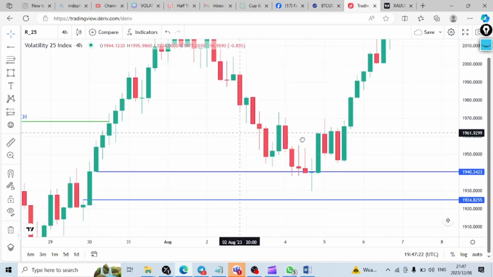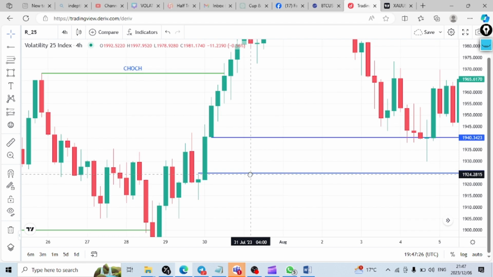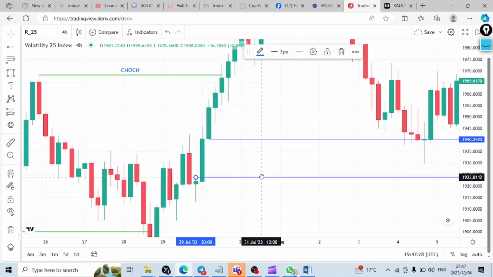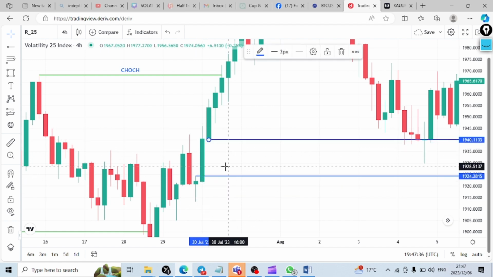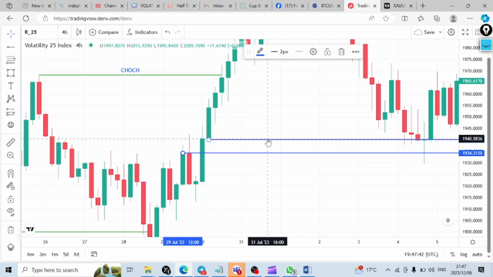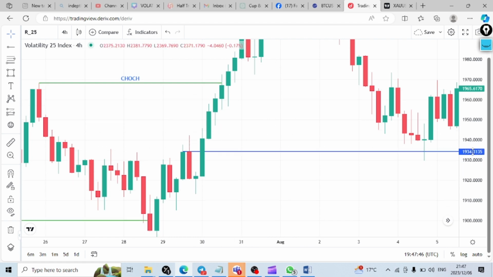If you observe carefully, we can see that they are not connected together. The high of this doji candle and the low of this candle are not connected. There's a big gap. So this qualifies this last bearish candle to be our valid order block.